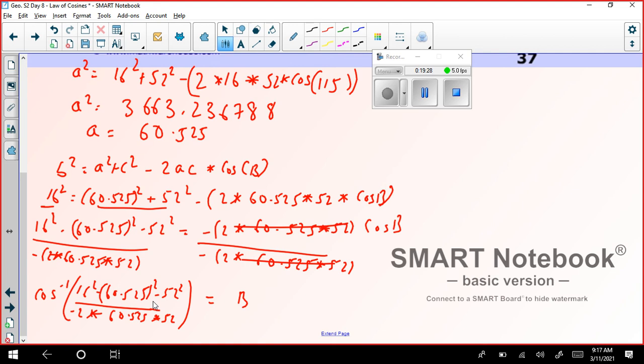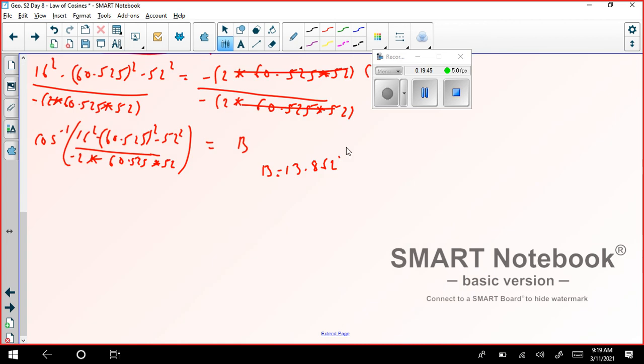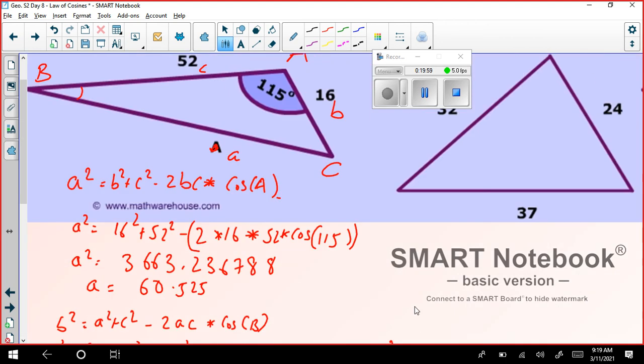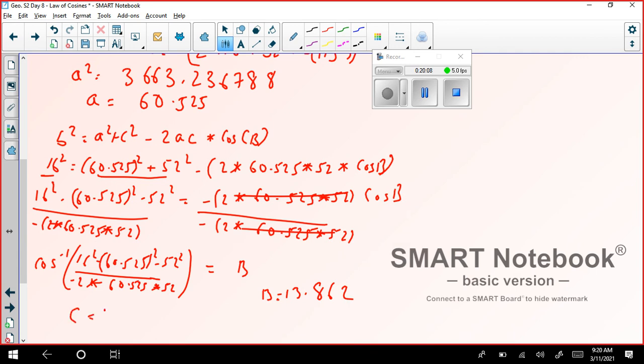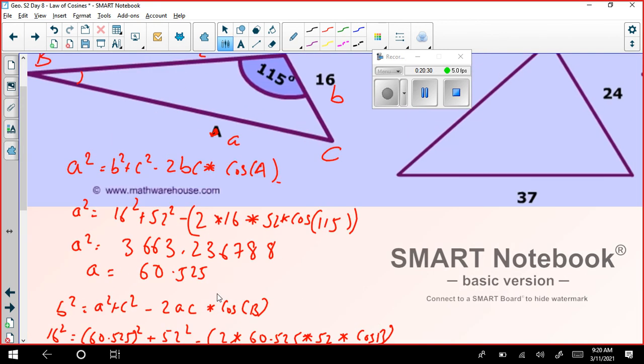Let's do that. Substituting in the calculator and simplifying, I get B equals 13.862 degrees, and based on that I can find the other missing angle as well, which was angle C. So C can be found as 180 minus 13.862 minus the angle which was given, which is 115.